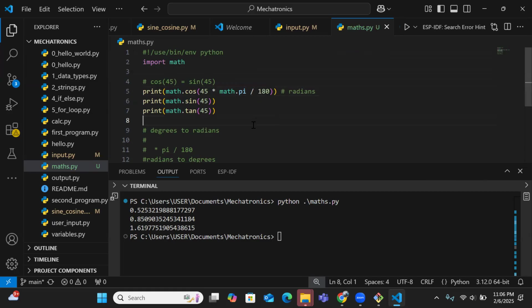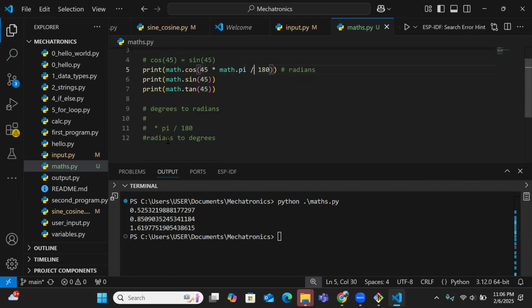Are we together, members? Yes, this angle is in degrees. If you want to convert degrees to radians, you multiply by math.pi, and then you divide by 180. Are we together?